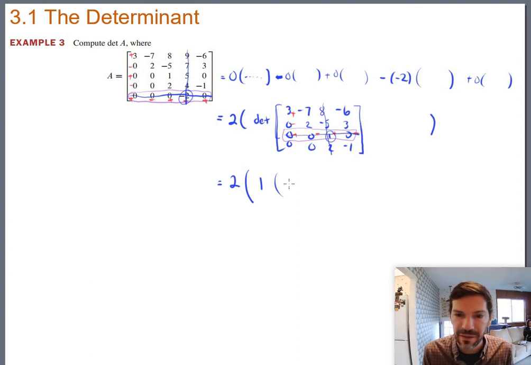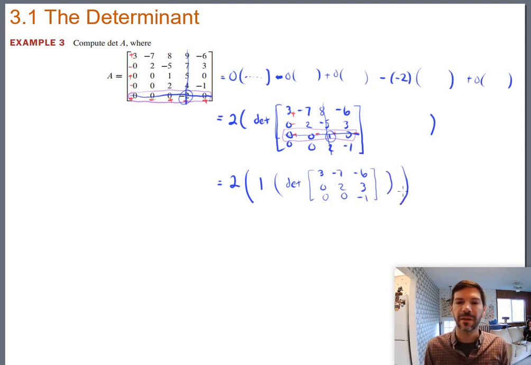So now it's the determinant of 3, -7, -6, 0, 2, 3, 0, 0, -1. And again, there's some more zero terms I'm leaving out, but that's the only non-zero term. And now I'm finally down to doing the determinant of a 3 by 3.